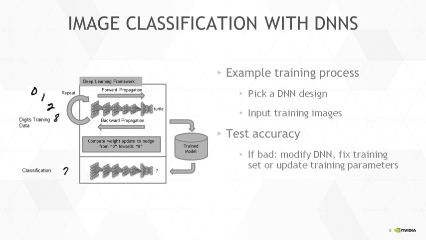So in this case, for digits, maybe my input information in this example is a series of numbers ranging from 0 to 9. And when I'm training, I'm going to push this data through my network, and over time, the weights in this network will slightly adjust, and weights will update and be nudged so that it's able to classify and say, okay, this is a 0, not an 8, or this is a 2, not a 3, things like that.